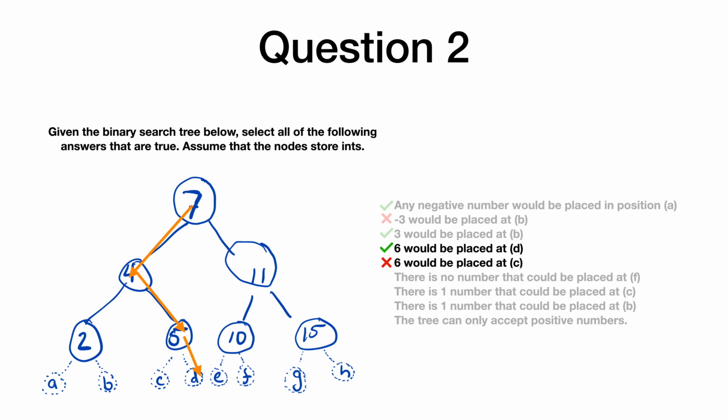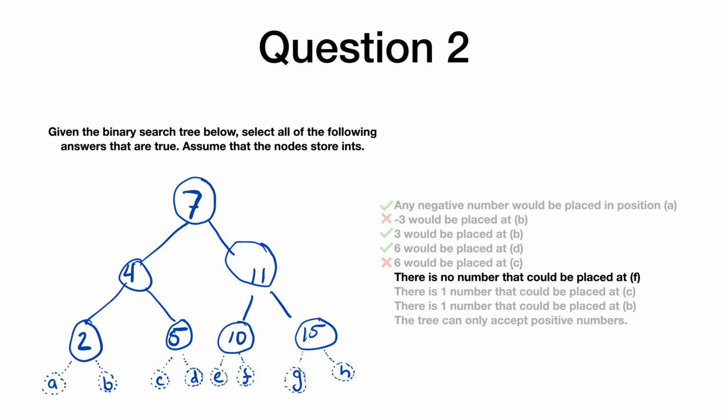And then the next ones require, again, that duplicates are not entered into the tree. And it asks for a little bit of thinking here, right? So it asks, true or false, there's no number that could be placed at F. So F is here in the tree.